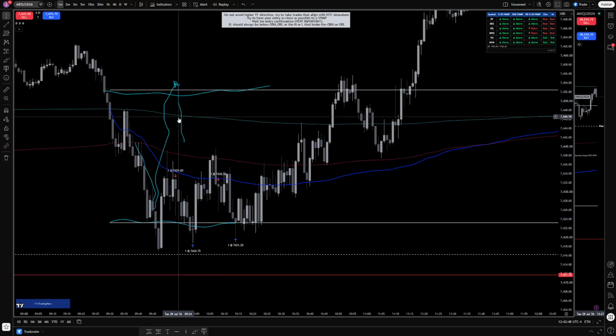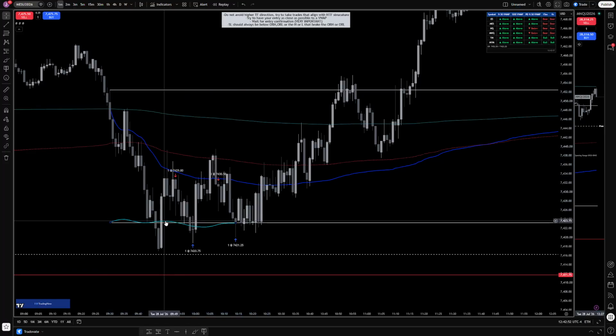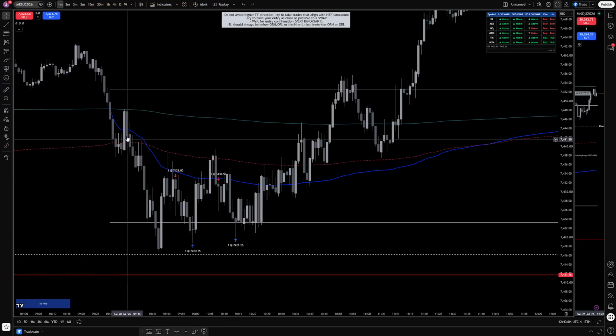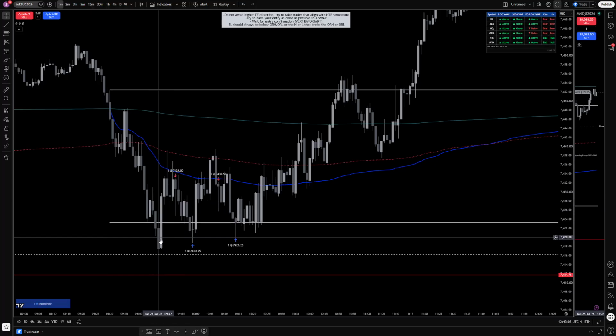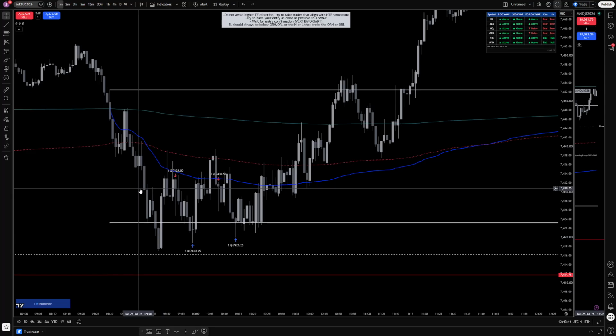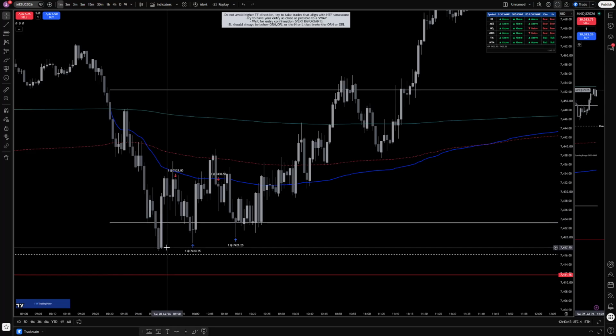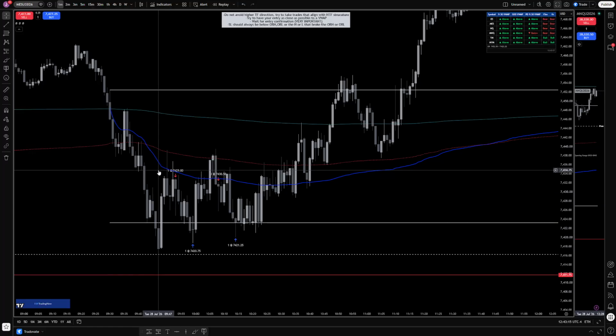So what did we get in this case? We got the break and retest short. That means price breaks below the opening range low, the low of the 9:30 to 9:45 time range. That's called a break. Then it retests the VWAPs.